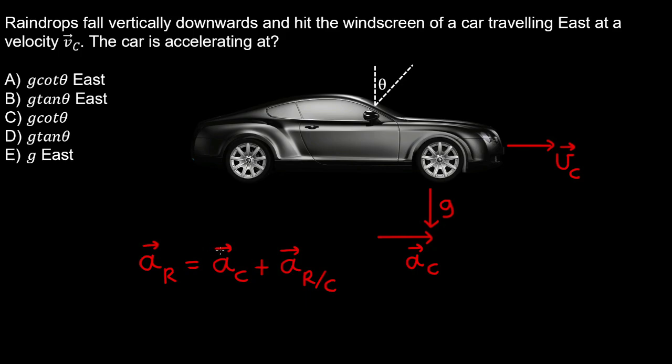So by vector addition, we see that AC plus the acceleration of the raindrop relative to the car is equal to the acceleration of the raindrop. And this angle here of theta is equal to this angle.